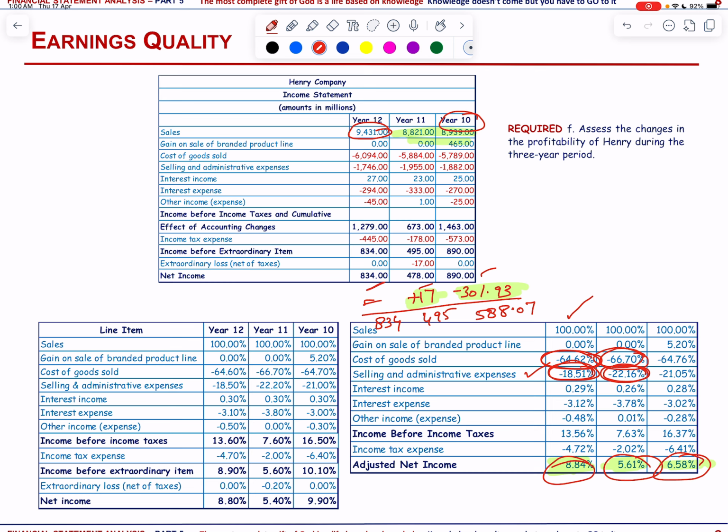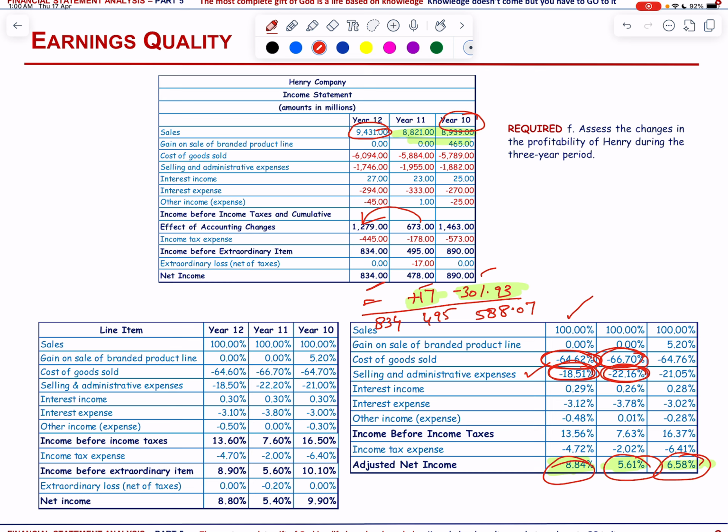Then coming to the operating profit, you can see that it doubled from 673 million in the year 11 to 1279 million. You can see over here it has almost doubled, and obviously this is a clear operational turnaround.